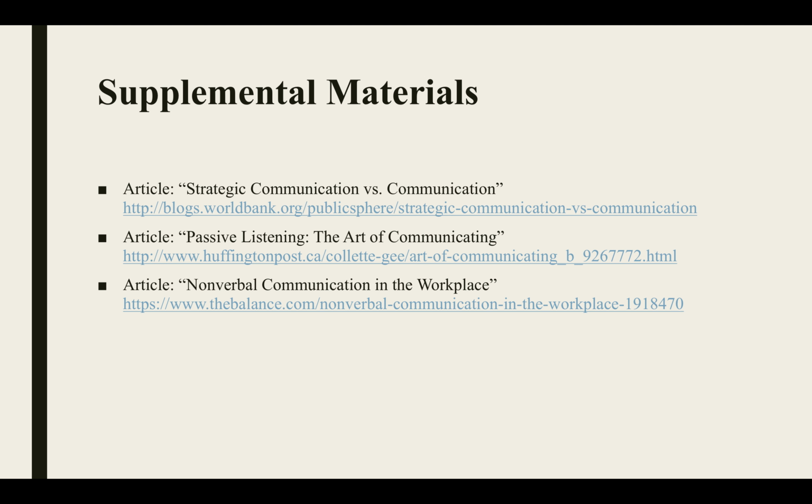The second article explains the differences between passive and active listening, how this relates to different types of relationships, and how to improve listening skills. And the last article discusses how nonverbal communication plays a role in the workplace, and how what you're doing might be sending a negative or positive message to your coworkers.